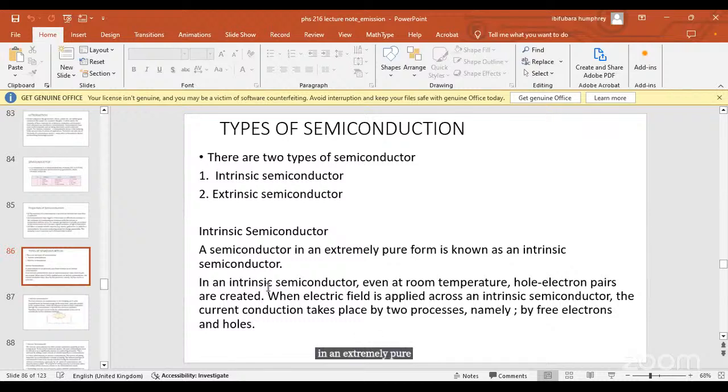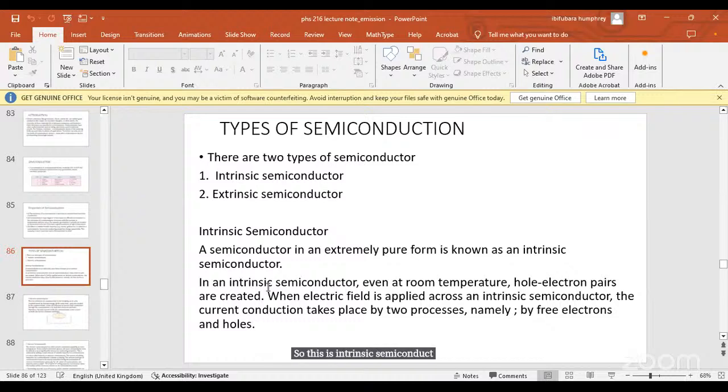That is, in its pure form, no impurity has been added. It is totally pure semiconductor that behaves as an insulator at 0 degrees and as a conductor at above room temperature. So this is intrinsic semiconductor.